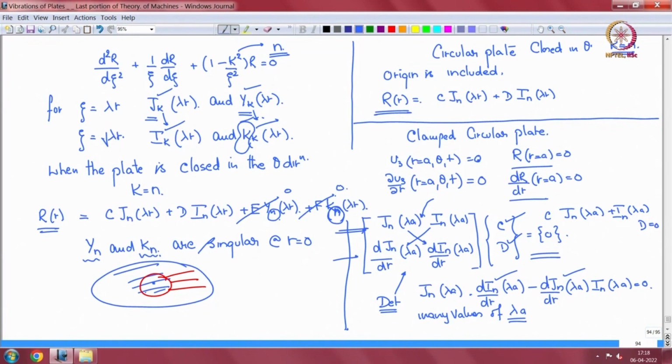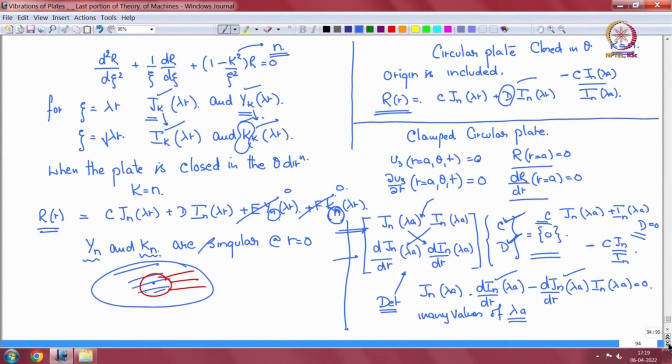So this is what I mean by one of these being solved in terms of the other. We will solve D in terms of C. So D is minus C J_n by I_n, so this D now is minus C J_n(λa) by I_n(λa).